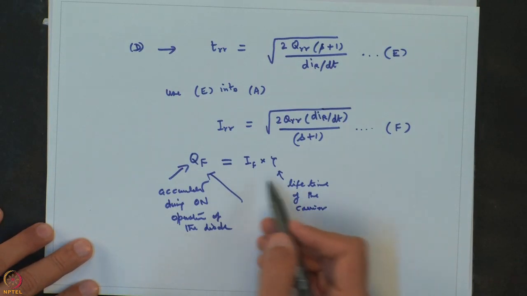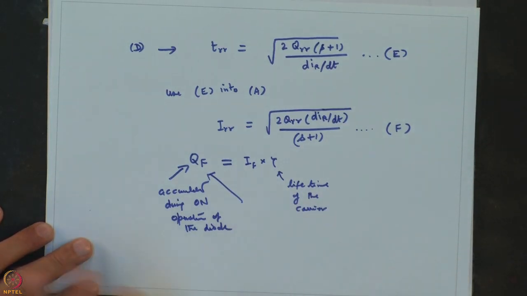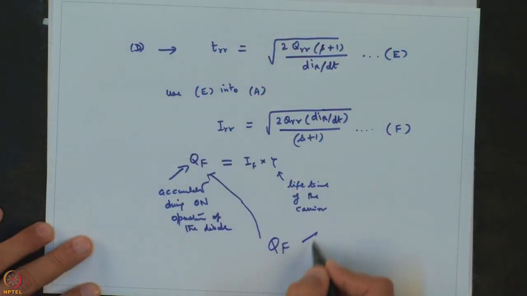So basically what we are trying to say is, if we know the lifetime tau and the forward current, we know how much charge has been accumulated in the device. Now, when you are switching off the device, this QF has two parts.